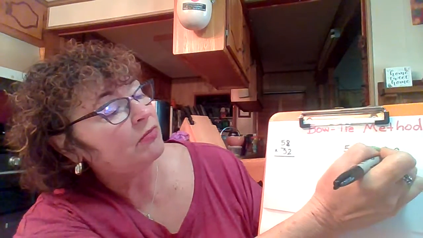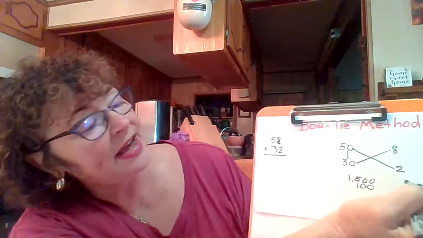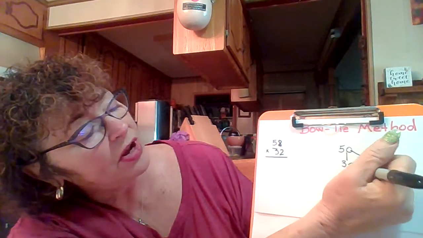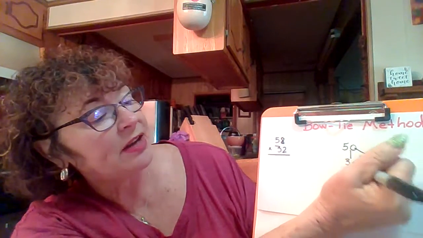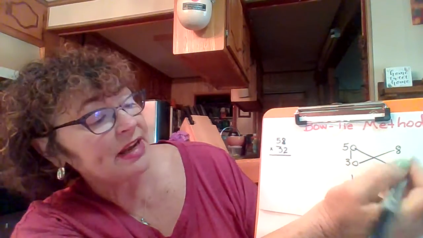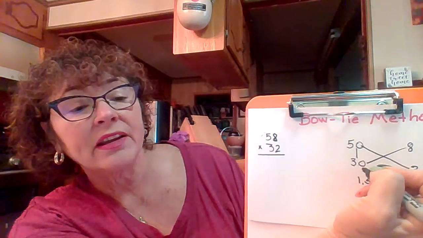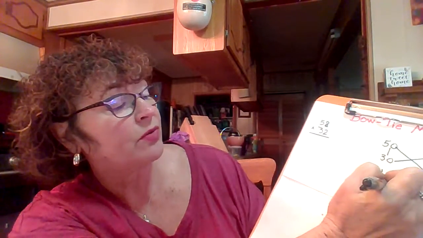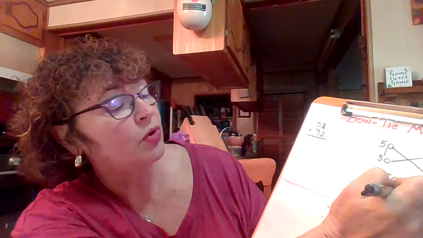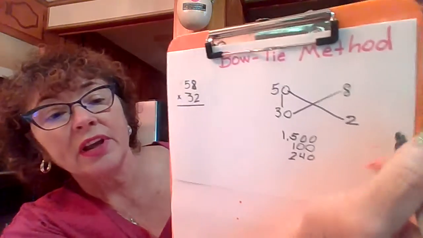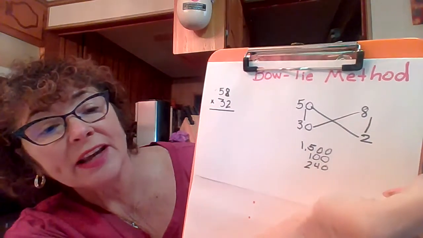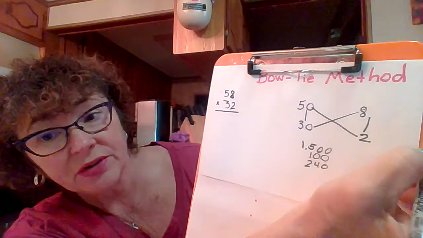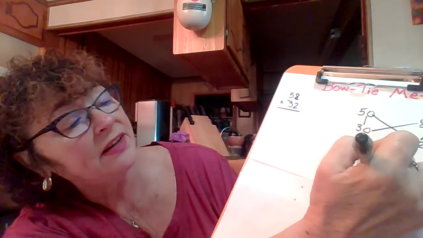Now I am going to do this angle, 30 times 8. 8 times 3, or 3 times 8, is 24, and you have to add that 0 on. So this one would be 240, and I've only got one more to go, which is 8 times 2, and 8 times 2 is 16.